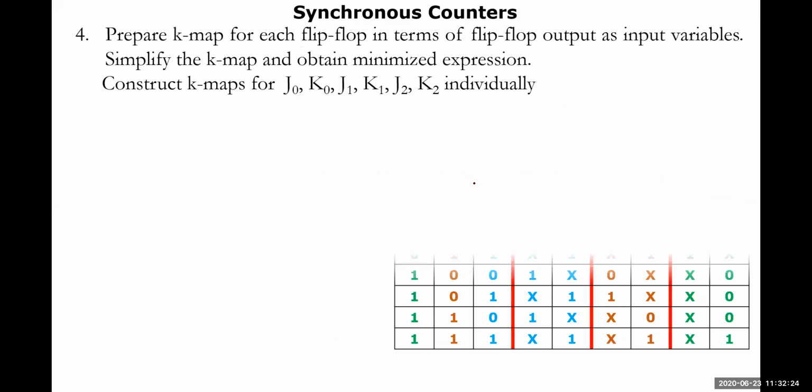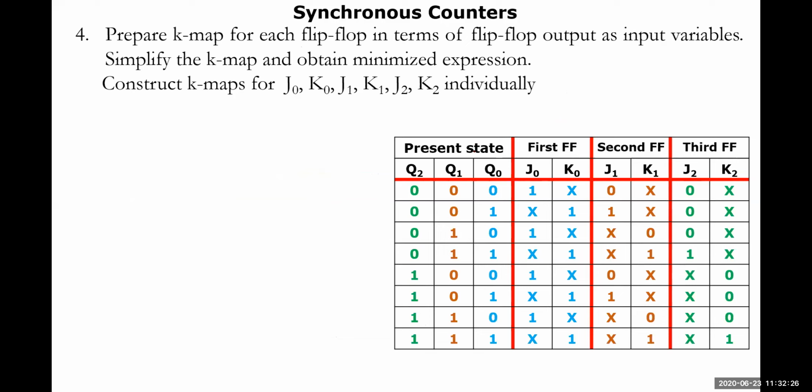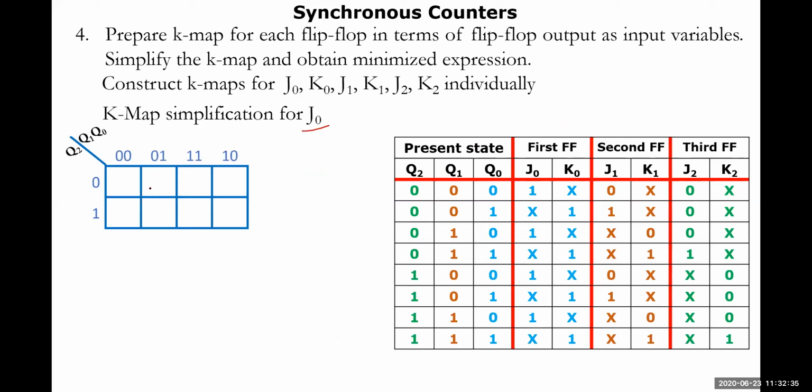Okay, look at this. Next state is not required. Only present state is required here. K-map for J0 will be, look at this, Q2, Q1, Q0. I am taking into consideration only this particular value when Q2, Q1, Q0 equal 0, 0, 0.